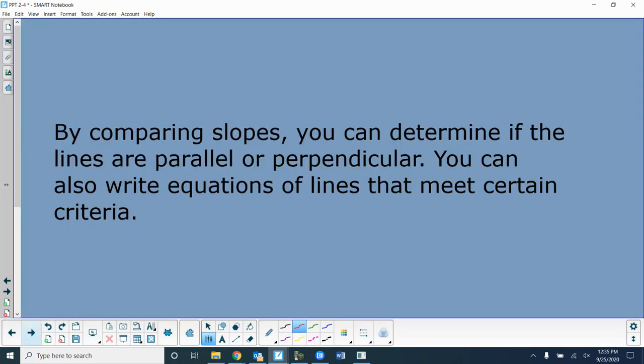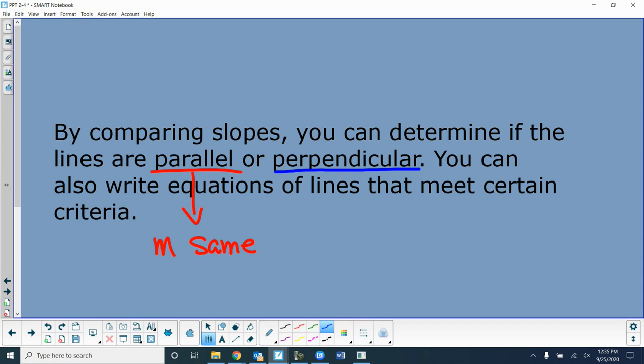All right. What's this mean? Parallel lines. They don't intersect. What's that mean about their slopes? Same, right? What's that mean? They intersect to make what kind of an angle? 90-degree angle.